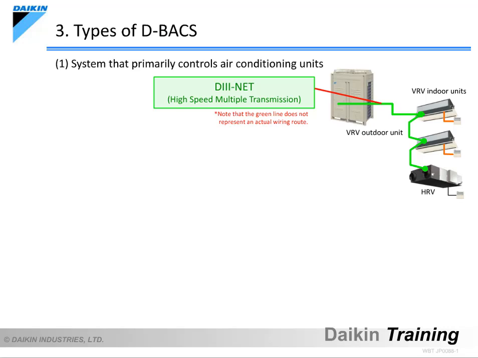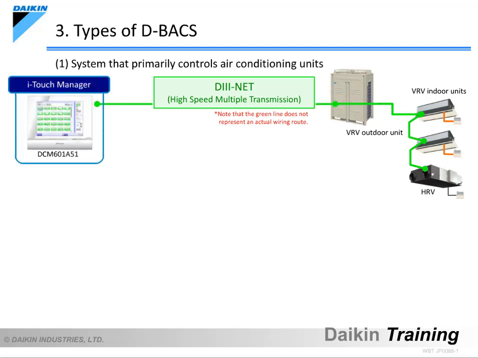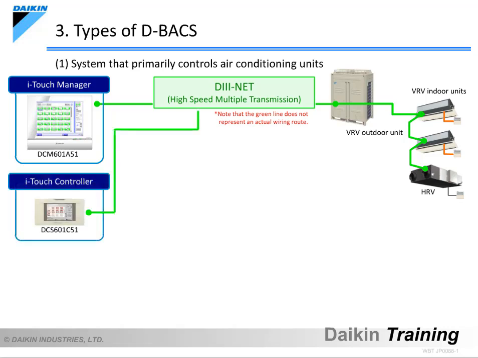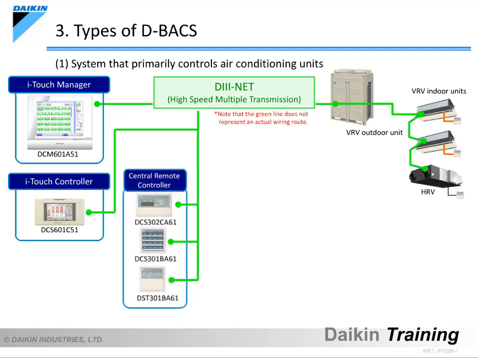When controlling the air conditioning units in a building where the VRV system is primarily used, the Dbacks equipment that can be directly connected to D3net, namely the ITouch Manager, ITouch Controller, and/or Central Remote Controller, is used. Use of this Dbacks equipment enables various types of control functions that appropriately correspond to the scale of the air conditioning system in question.